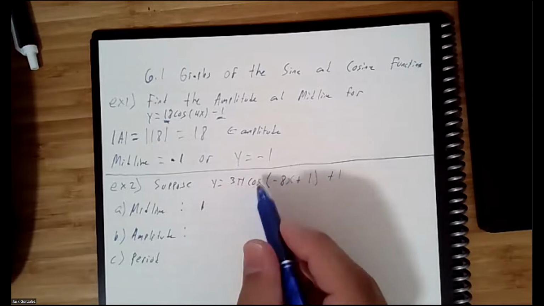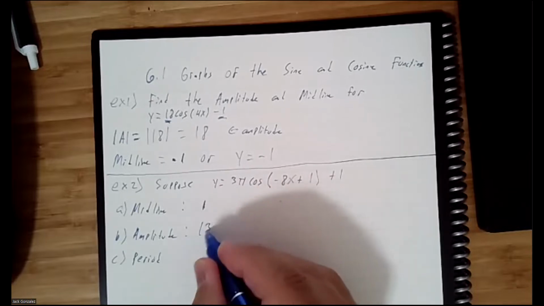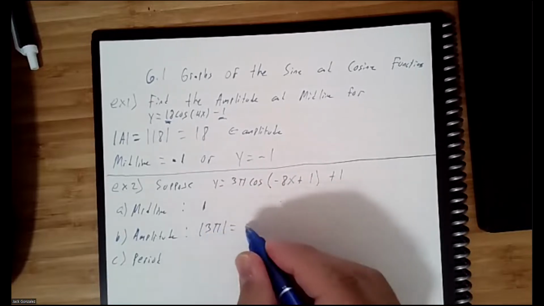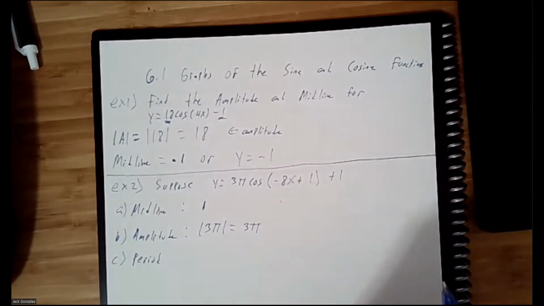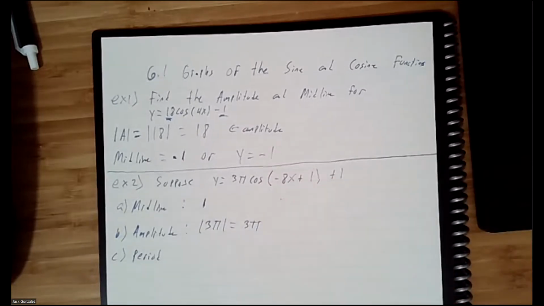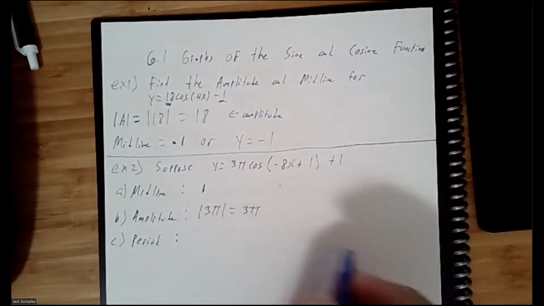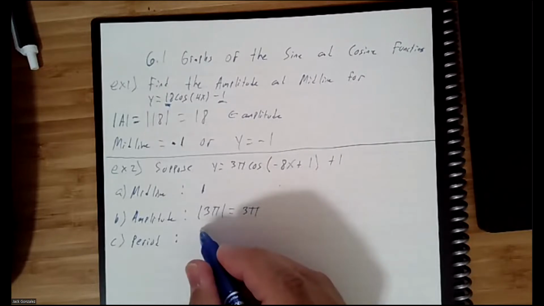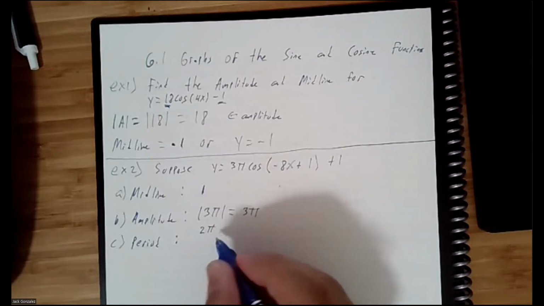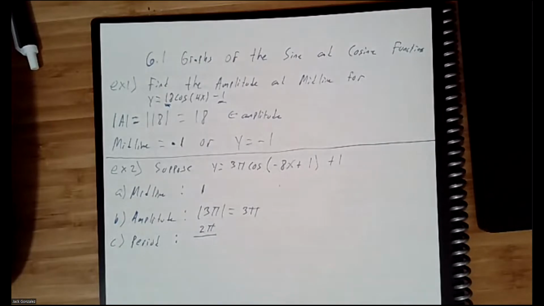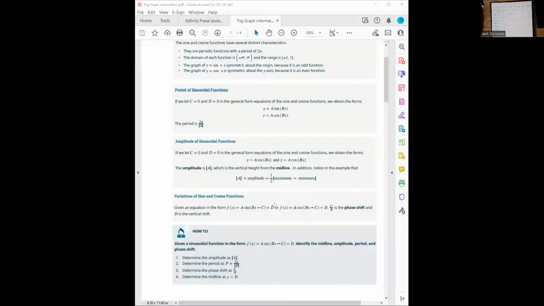Amplitude is the number in front of the cosine, the absolute value of that number. The same rules apply if it were sine. Sine and cosine have the same rules. Period is going to be 2 pi over, let's see what variable the notes use. If you go to the PDF I sent you, period is the number on the x here.